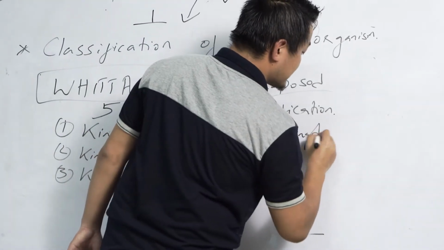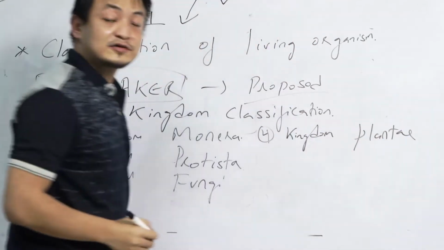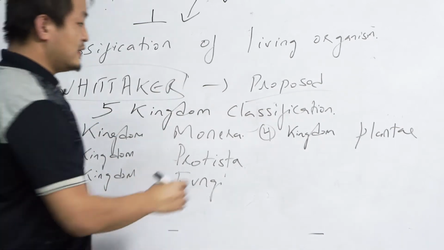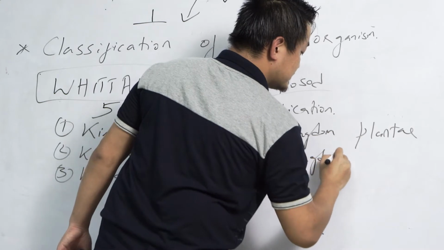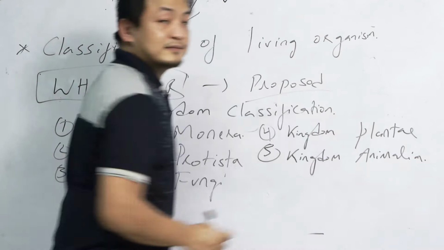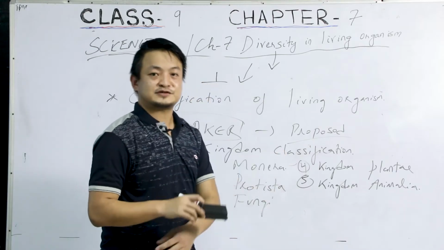Kingdom Plantae. That means all the plants, okay? These are like the microscopic organisms. Now 5 is kingdom Animalia. Clear? And then from here we have again subgroups.